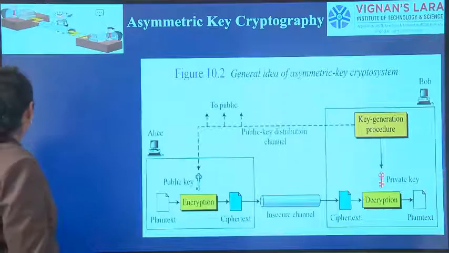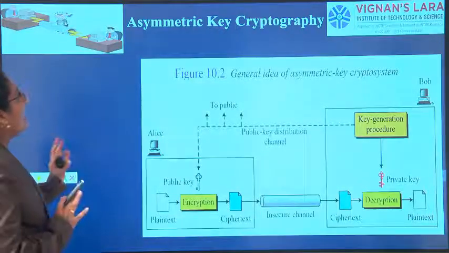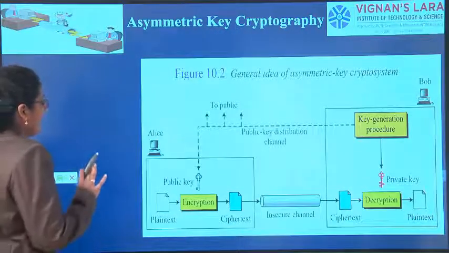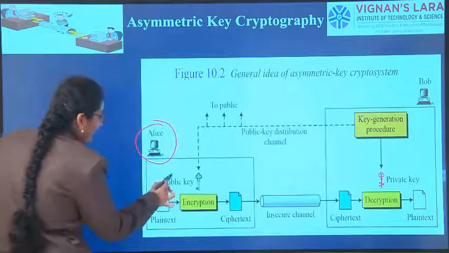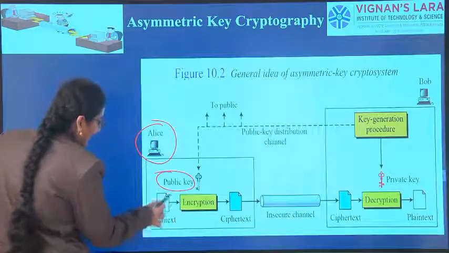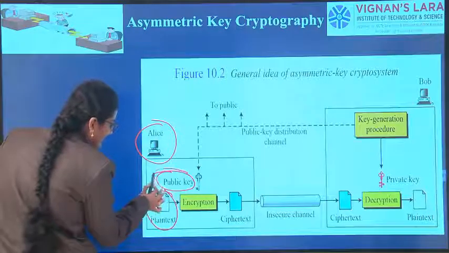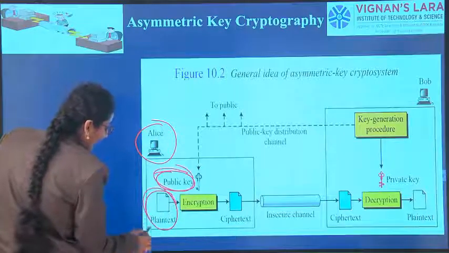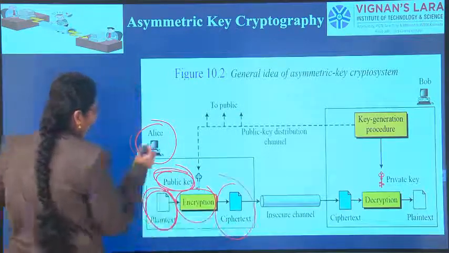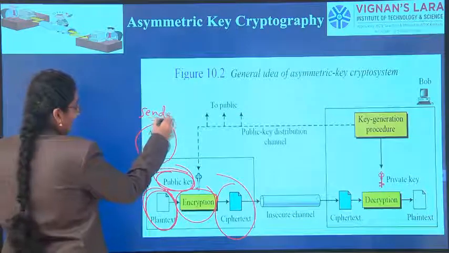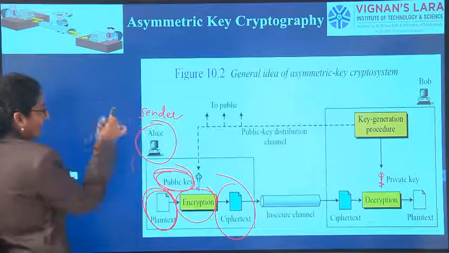So see here, what is actually happening internally in asymmetric key cryptography. Alice is the person who has the public key and the plain text. Using her public key, her plain text is encrypted. So we got cipher text. So here Alice is the sender, in this example only.